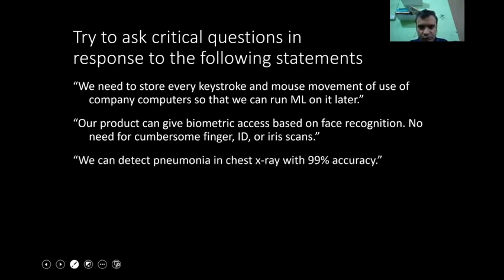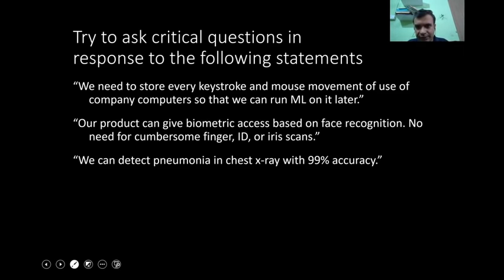We can detect pneumonia in chest X-ray with 99% accuracy. See, this 99% accuracy does not mean anything, right? So if this 99% accuracy is based on a population study, and 99% of the people in the population already don't have pneumonia, and the system just says no pneumonia, no pneumonia every time, you already have 99% accuracy, right?